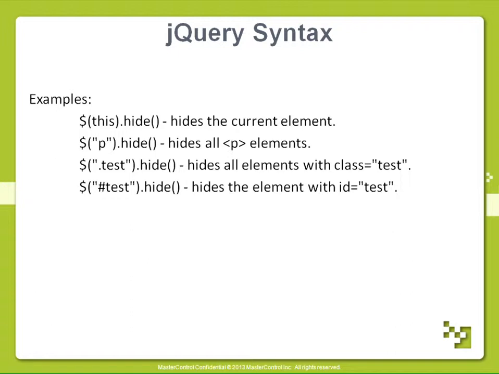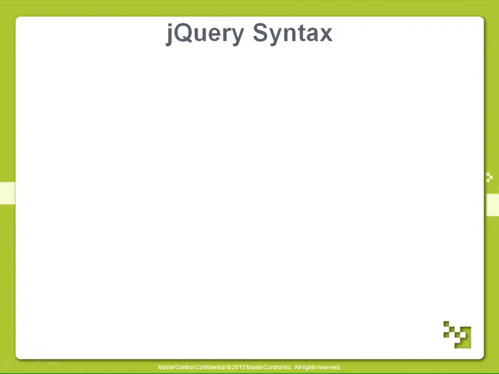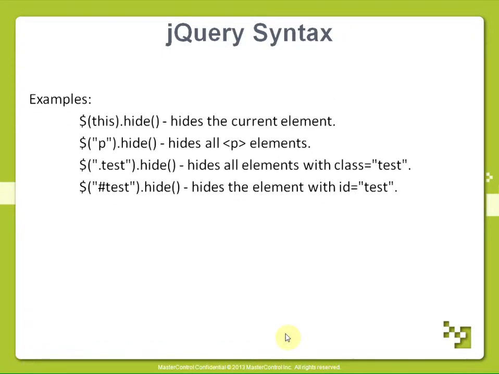You may have a section on your form that has 5 P tags on it, and you click some button and you want to hide them. One line of code will hide all 5 of those P tags, instead of writing a separate line or command for each element on your form.